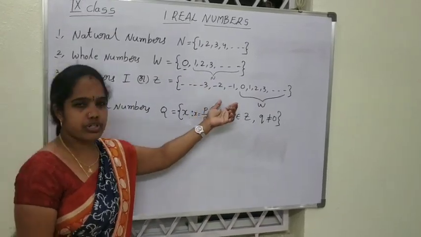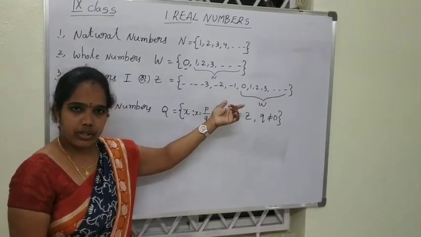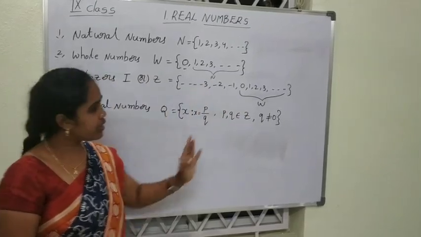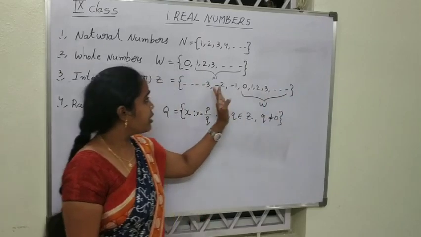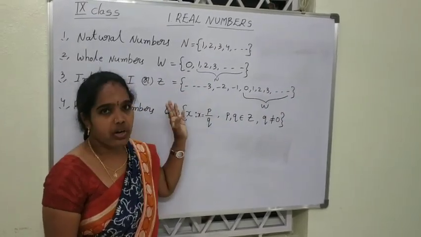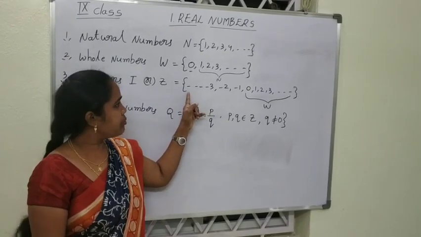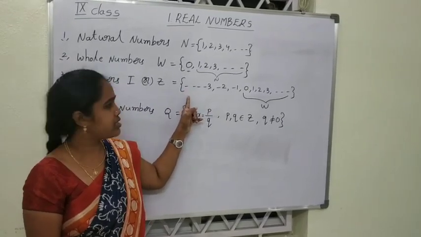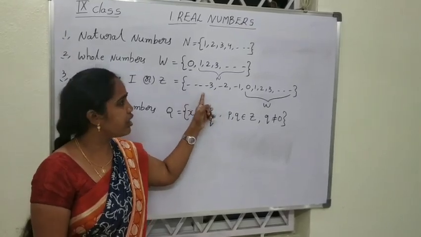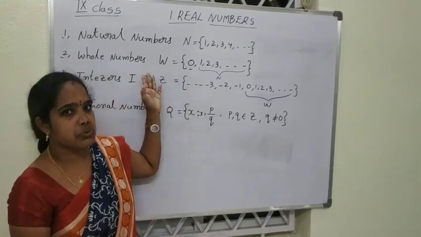Here also 2 questions arise. What is the least number in integers? What is the highest number in integers? If you observe, the least number also we cannot say. Can we say minus 3 is the least number? No, minus 4 is there, minus 5, minus 6, minus 100, minus 2000.